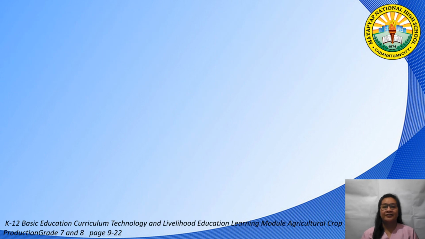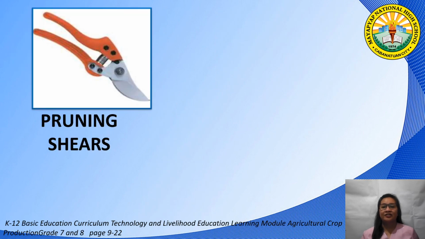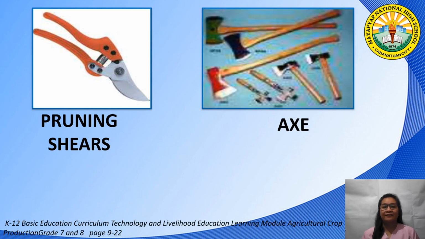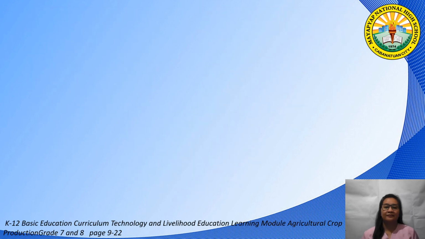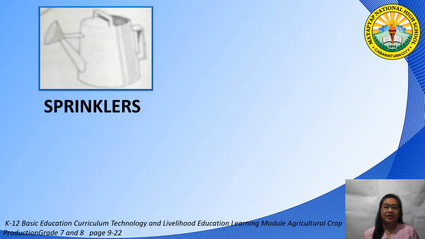Pruning shears is for cutting branches of planting materials and unnecessary branches of plants. Axe is for cutting bigger size of posts. Knife is for cutting planting materials and for performing other operations in horticulture. Sprinklers are used for watering seedling and young plants.